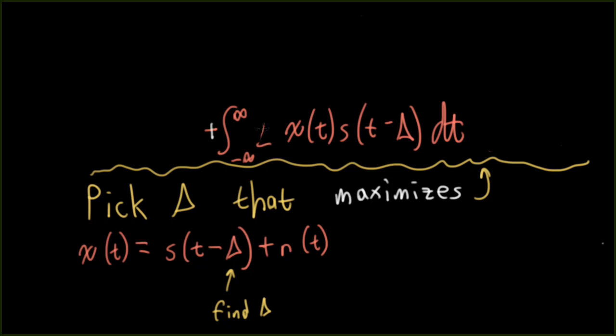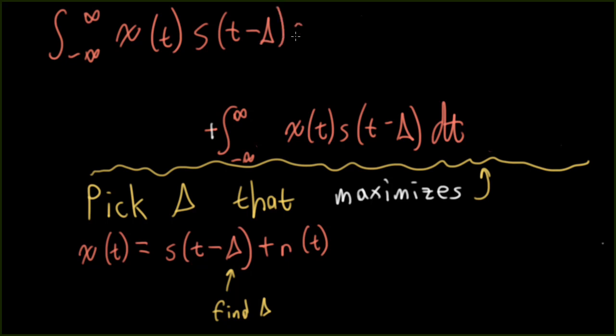So I can get rid of the 2. Let me recopy this whole thing up here. What we're computing is the integral of x of t, s of t minus delta, dt, and we need to compute this for every possible delta. We'll pick the delta that gives us the biggest number and declare that to be the round trip time to the target that we use to compute the round trip distance. Of course, this is all subject to noise and other effects in the model, so you should never expect this to work perfectly, but it will get you in the ballpark.